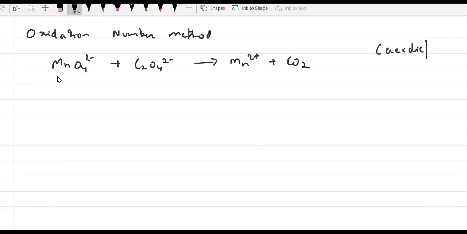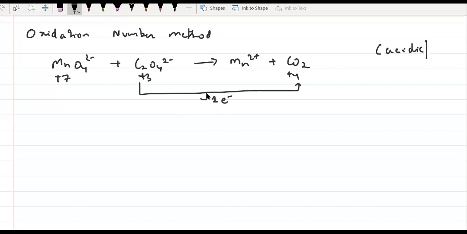For example, here Mn is plus 7 and C is plus 3. We have already solved this by the ion electron method, and it is plus 2 and this is plus 4. So you can say that carbon is changing from +3 to +4, which is losing 1 electron.